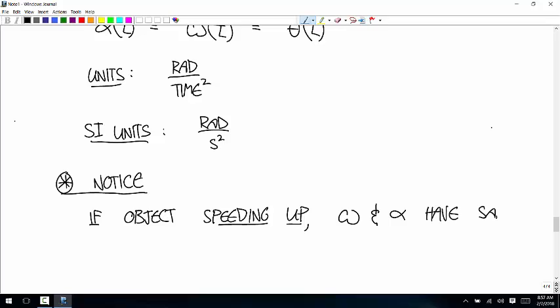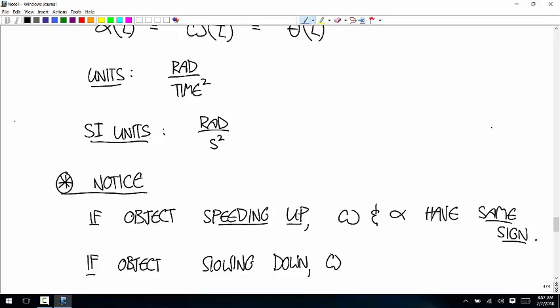Have the same sign, yep. And if the object is slowing down, what's the relationship? Yep, then omega and alpha have to have opposite signs.